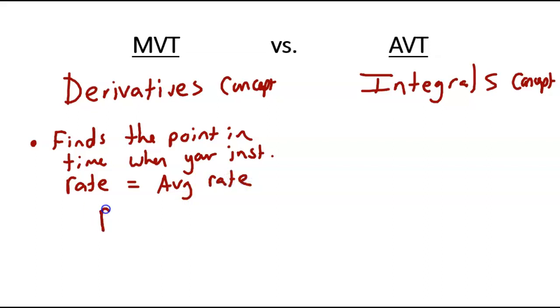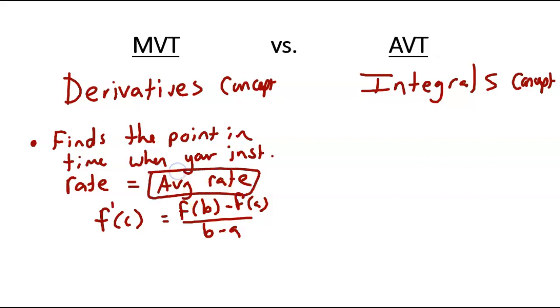In other words, it finds the point in time when the instantaneous rate f prime of c is equal to the average rate, which is given by the slope formula here. So in other words, it finds an average rate. Whereas the average value theorem finds you an average value of y.